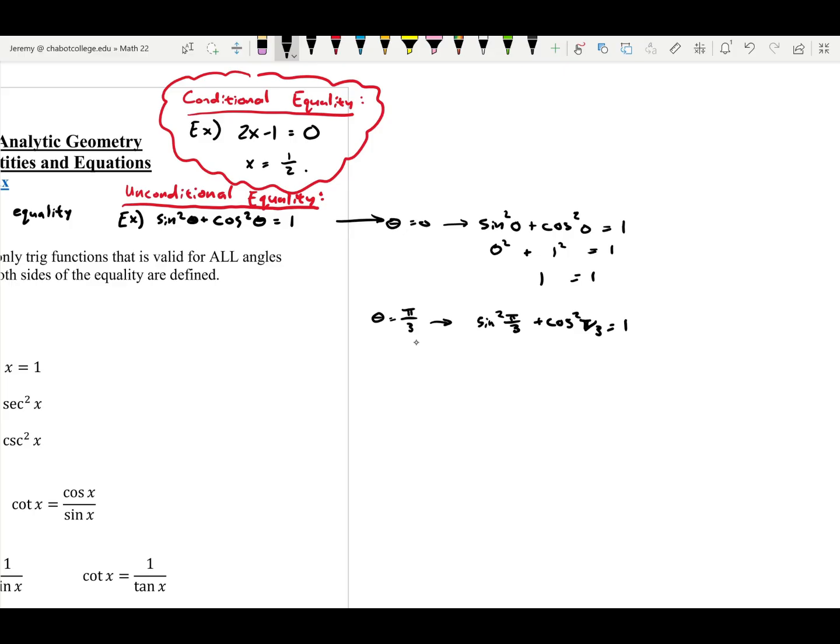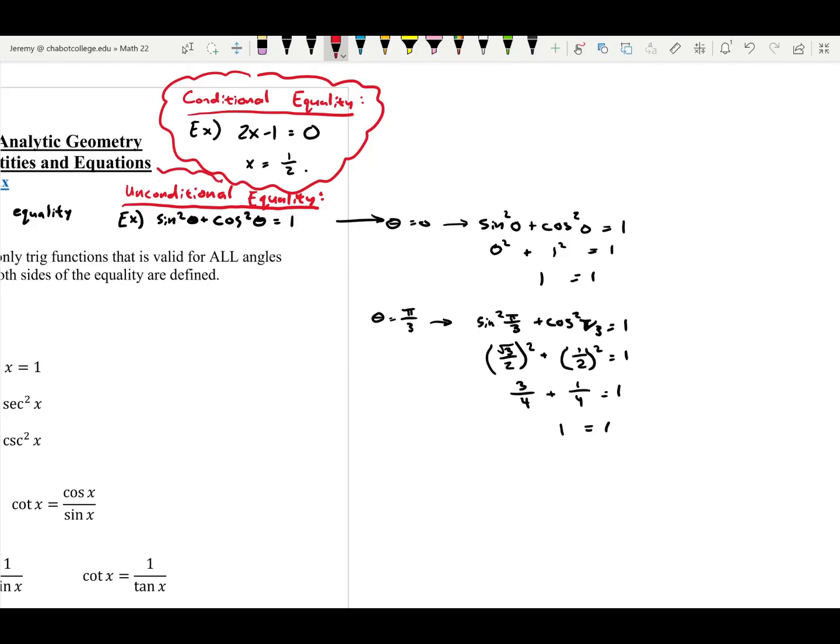Thinking about the unit circle, sine squared of pi over 3 is root 3 over 2 squared, plus cosine of pi over 3 is going to be 1 over 2 squared. Supposedly this equals 1. Simplifying, we get 3 over 4 plus 1 over 4, which gives 1 equals 1. See how this unconditional equality is going to be true for any value of theta.